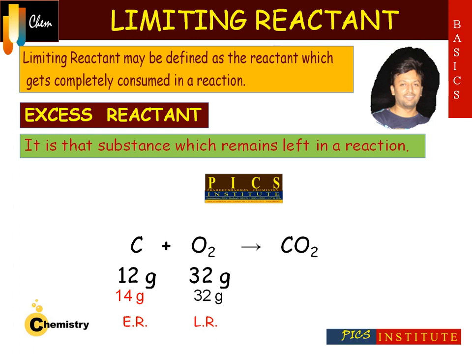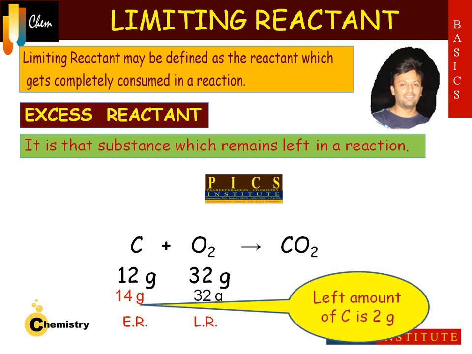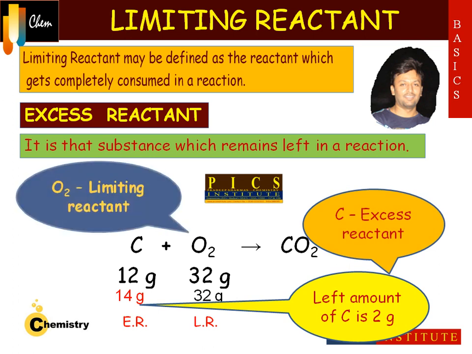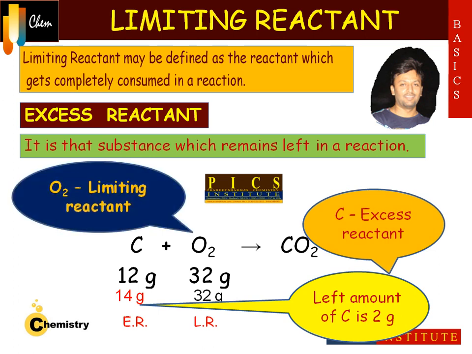Since we have 14 gram of carbon, 2 gram of carbon is left unreacted. So we can say the reactant which is left unreacted is called the excess reactant, and the reactant which gets completely consumed is called the limiting reactant. So oxygen is completely consumed, hence it is the limiting reactant, and carbon is left, so it is the excess reactant.